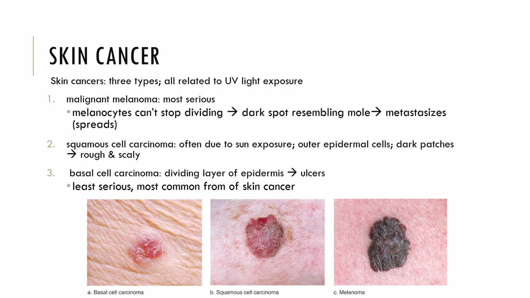Next, we have squamous cell carcinoma. This develops in the squamous cells of the epidermis. It is most likely to spread. It is strongly associated with cumulative UV exposure over time. It's typically described as rough and scaly.